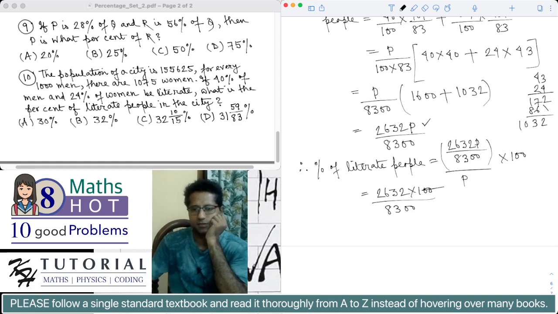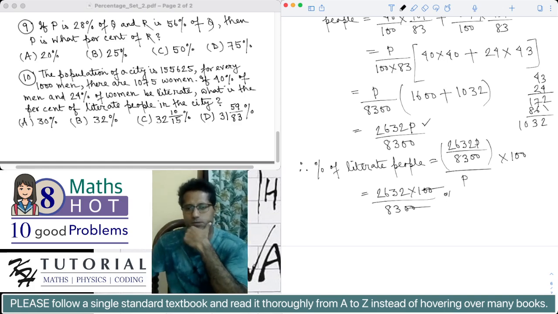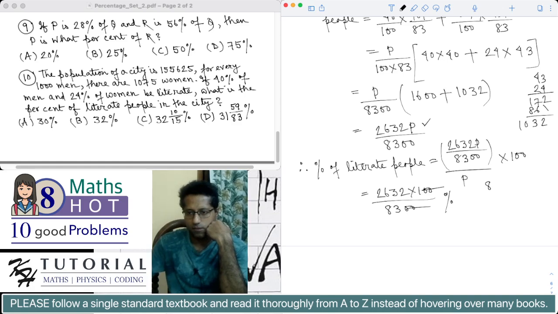So 100 cancels two zeros, and this percentage is 2632 divided by 83 percent. Now we have to divide 2632 by 83.